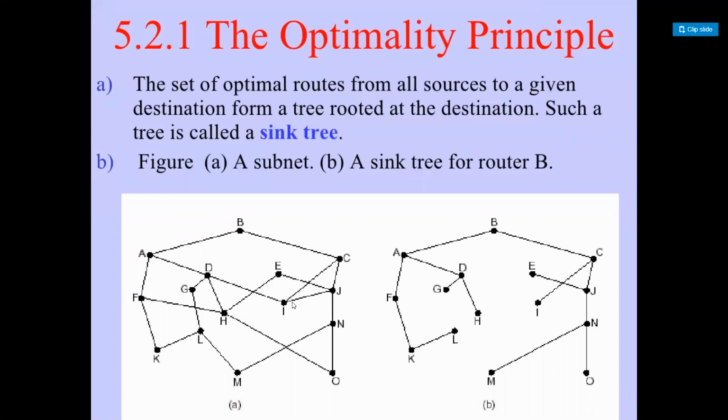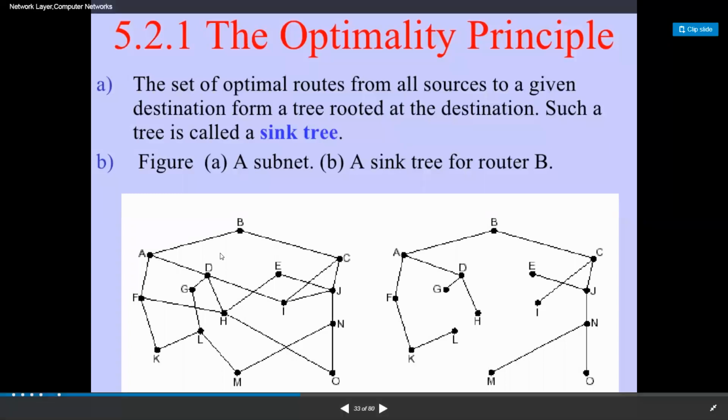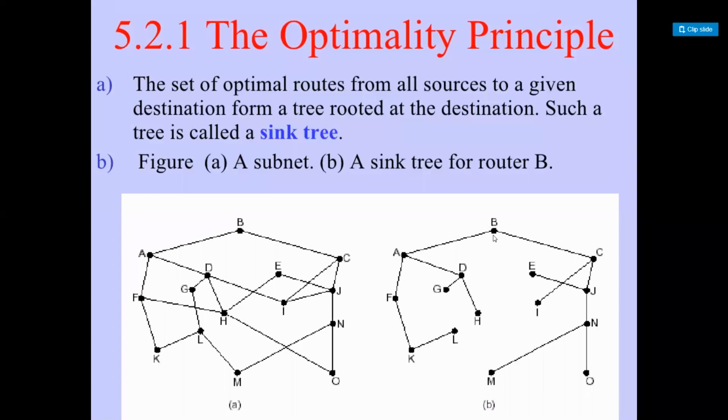Now, the sink tree. From this subnet, we want to draw a sink tree for the router B. This is the subnet, and this particular one is the sink tree for router B. That means a sink tree for router B means from router B, all other destinations: B to A, B to C, B to D, B to E, B to F, all.